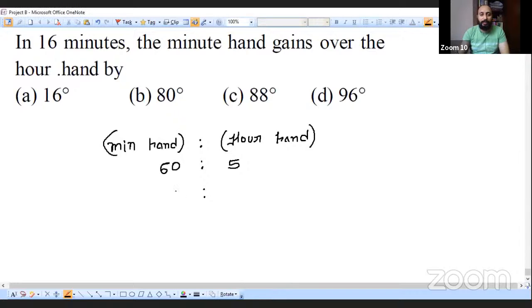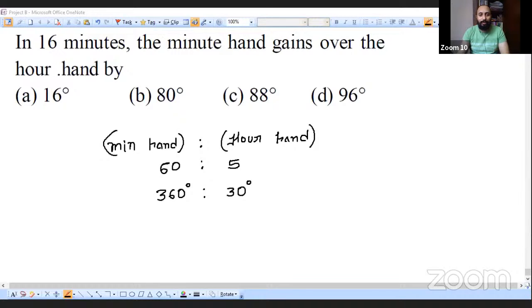In degrees, the minute hand will make 360 degrees and the hour hand will make 30 degrees. Yes or no? So how much advance does it have? It has a 330 degree advance.